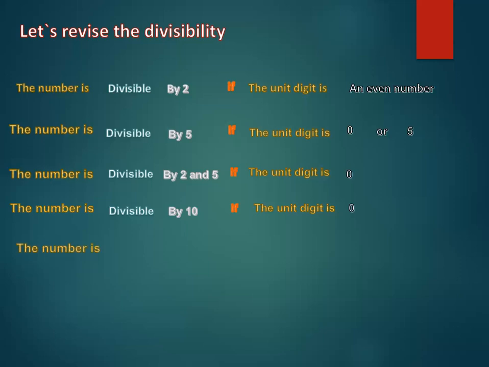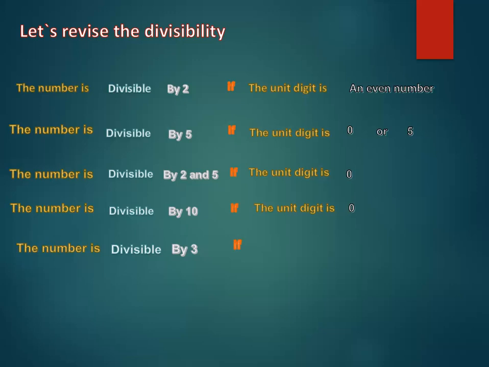The number is divisible by 3. Let's remember table 3: 3, 6, 9, 12, 15, 18, and so on. If we make the sum of the digits of 12, 1 plus 2, it will be 3. If we make the sum of digits of 15, it will be 6.